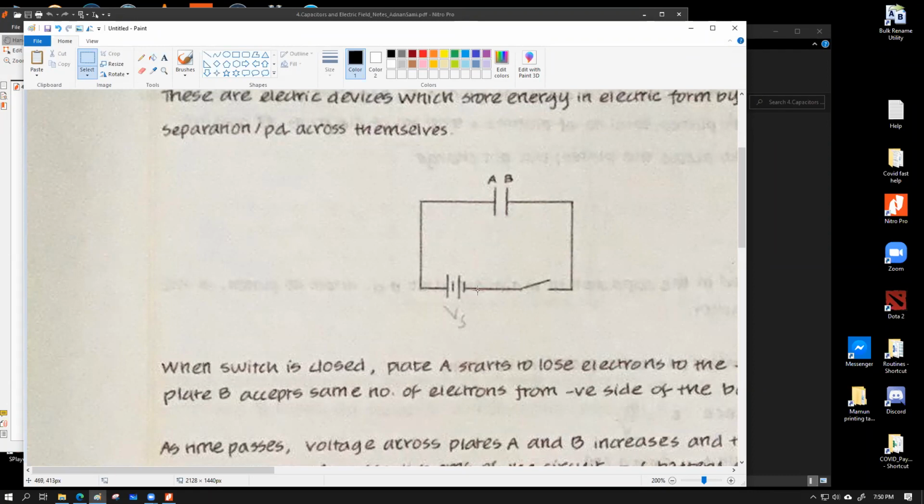But as the capacitor starts getting charged, with this one in negative charge and this one in positive charge, over time the amount of positive charge in this plate is going to increase because more and more electrons get lost. And this plate is going to become more and more negatively charged.